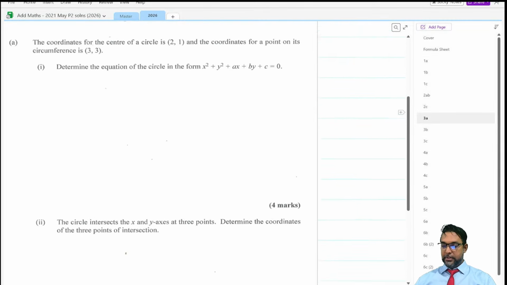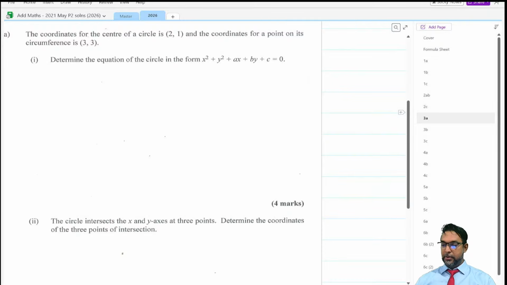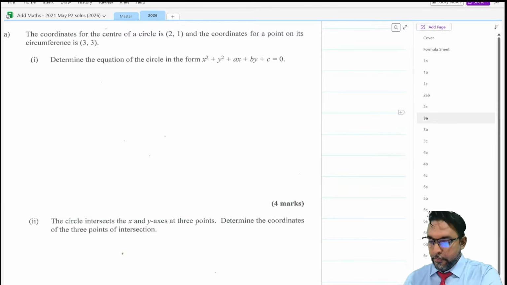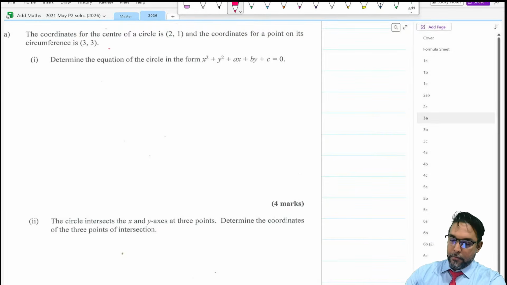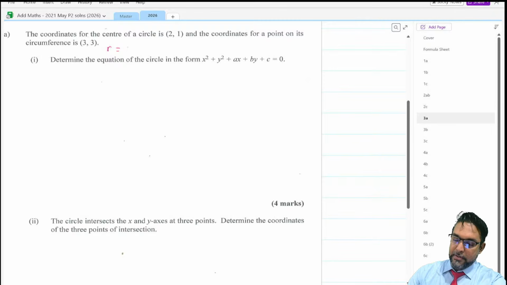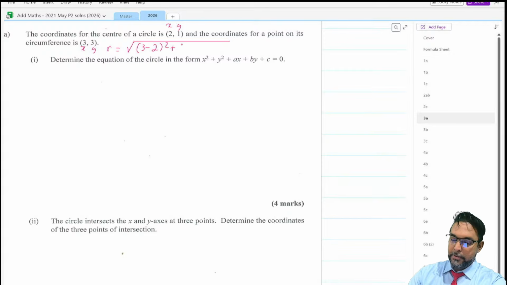Alright, the coordinates for the center of the circle is that, and the coordinates for a point on the circumference is that. Determine the, okay, so we need the radius. And that's Pythagoras, as we know. So that's x and y. So we could do 3 minus 2, then squared, plus 3 minus 1, then squared.